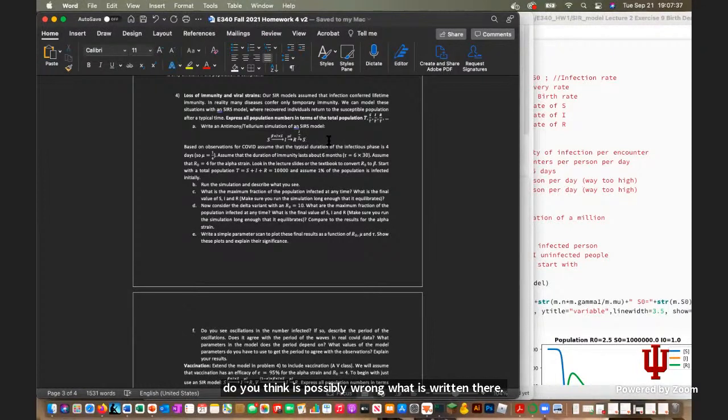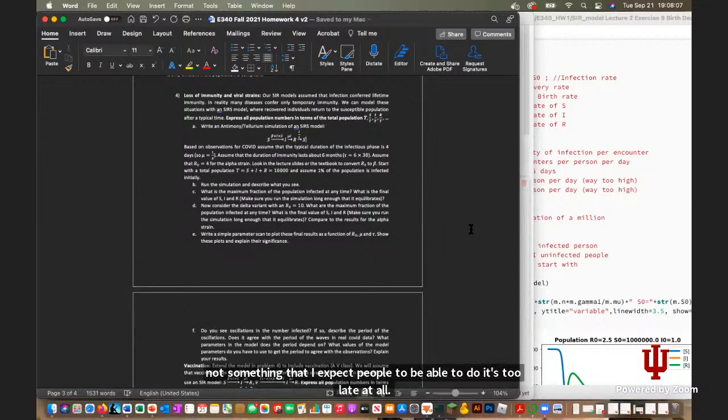I will go fix the homework. This is the problem with editing a homework assignment at the last minute when it's underway. So ask the question when you look at a model, and this is not something that I expect people to be able to do instantly at all: does the model behave in a way that would make sense?